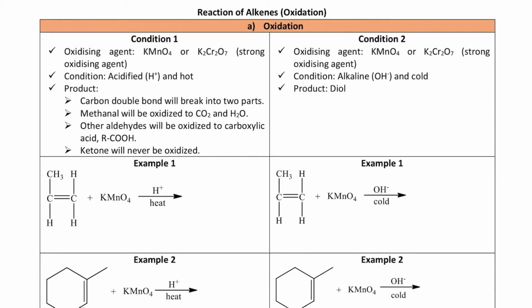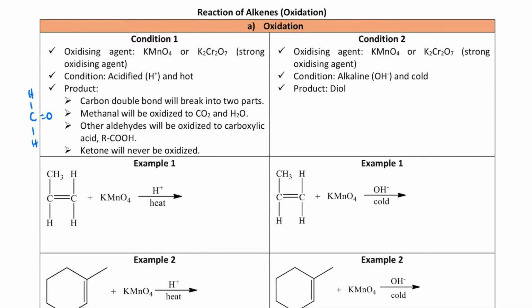For example, maybe satu carbon double bond tu jadi metanal. Metanal kena recall balik lah. Metanal macam mana? Metanal C ada H, and then ada double bond O. So this is metanal, is an aldehyde with 1 carbon. And then this metanal dia akan further oxidize jadi carbon dioxide and water sebab dia adalah strong oxidizing agent.